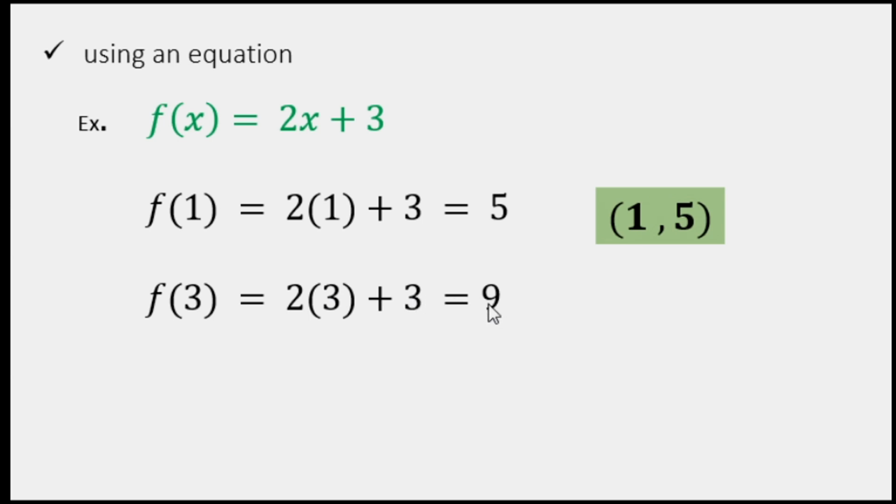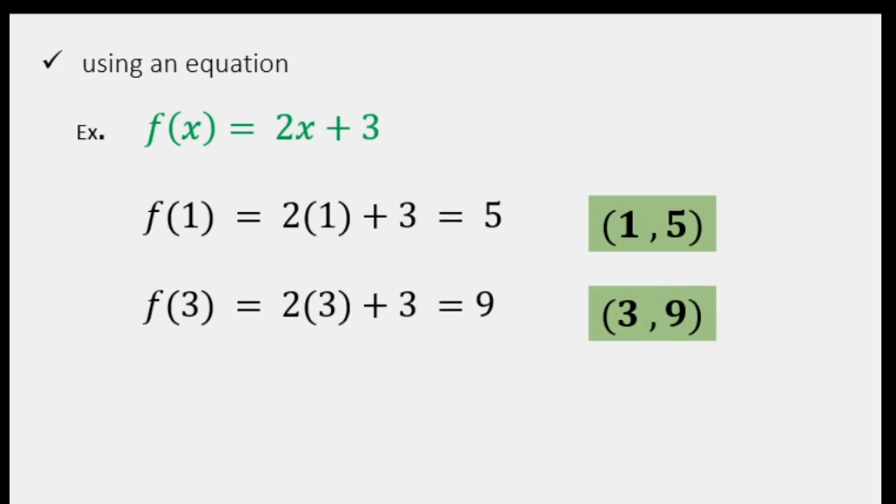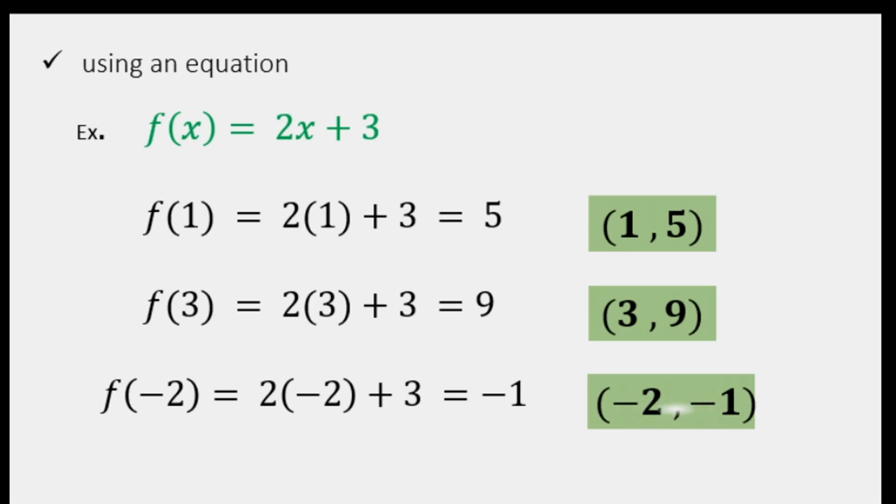Then we have 9, and this produces the ordered pair 3, 9. What if x is negative 2? Then f of negative 2 is equal to negative 1, and that produces the ordered pair negative 2, negative 1.